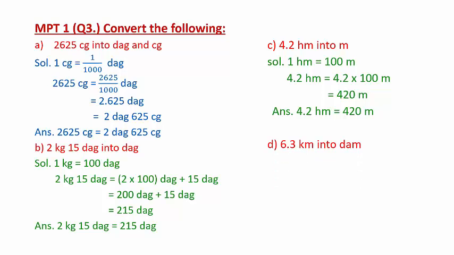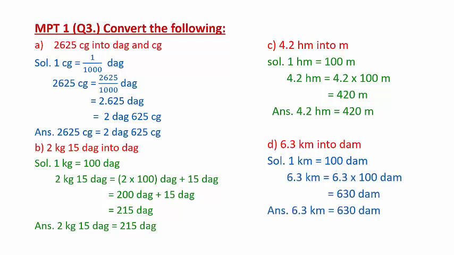Now, next question is 6.3 kilometer into decameter. Since kilometer is a bigger unit and decameter is a smaller unit, converting a bigger unit into a smaller unit, we need to multiply. The relation between 1 kilometer and decameter is 1 kilometer equals 100 decameter.